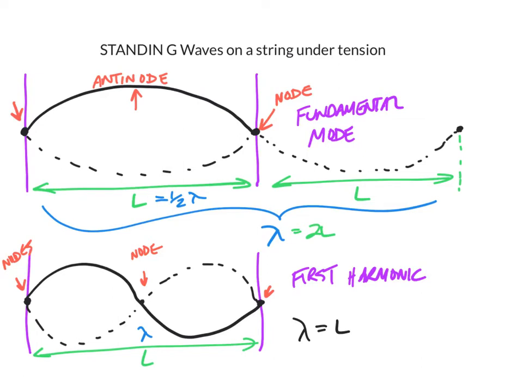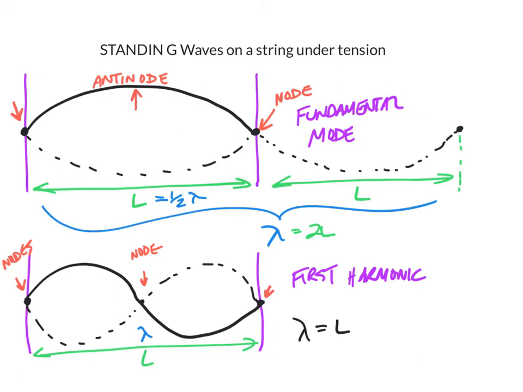And all we did, well, we can take note of that in retrospect, and maybe we could have seen it first, but every time I can express the length of the string as some number of half wavelengths.